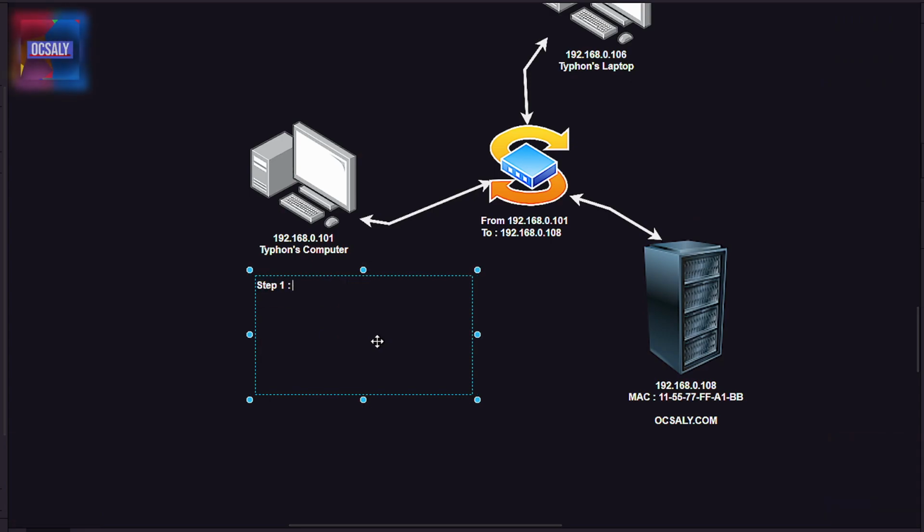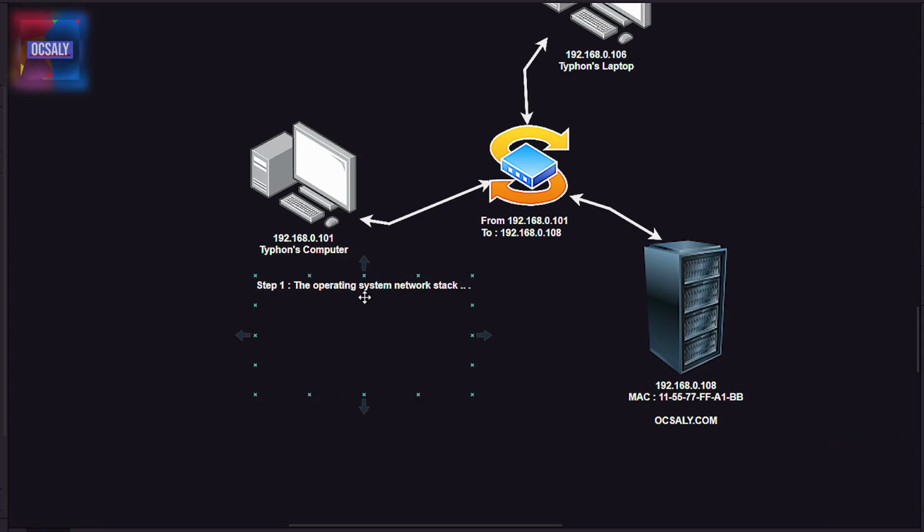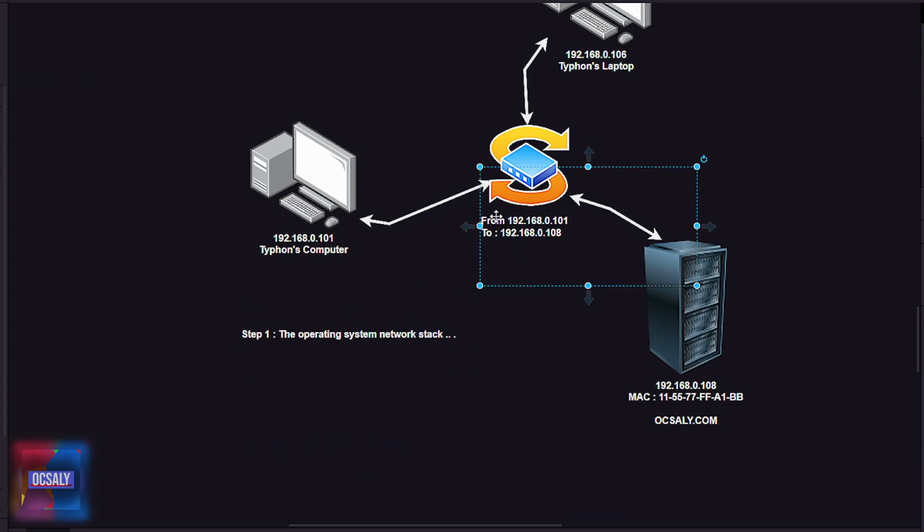The operating system network stack node encapsulates the application and transport layer data and builds an IP packet with a source address of 192.168.0.101. Because remember, this is Typhoon's computer IP address.